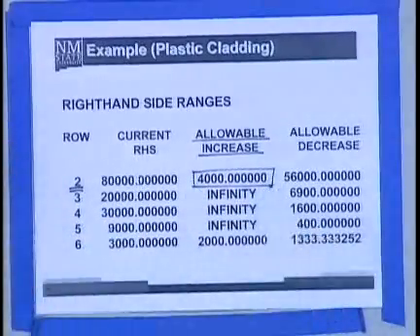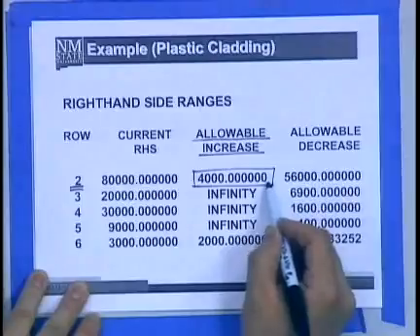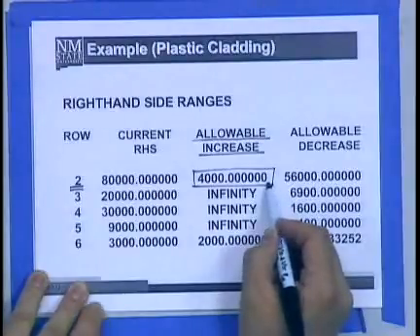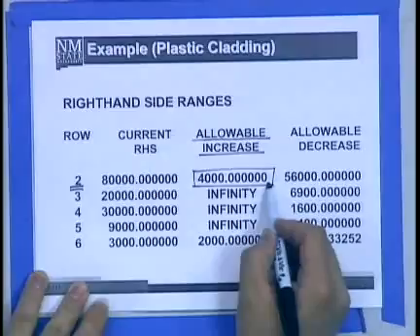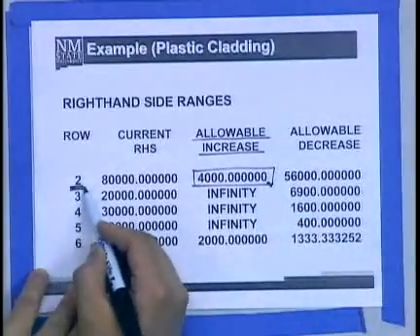So increasing 2,000 pounds of polyamine is still within the allowable increase limit of 4,000 pounds, right? So the current dual price for row number 2 is valid.